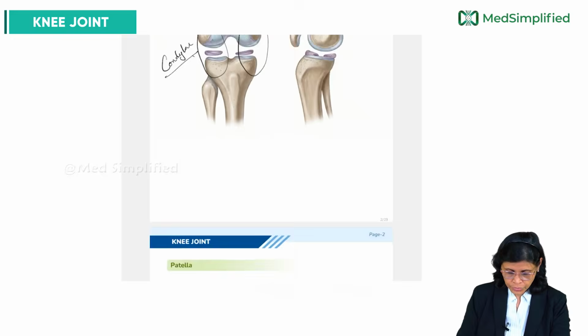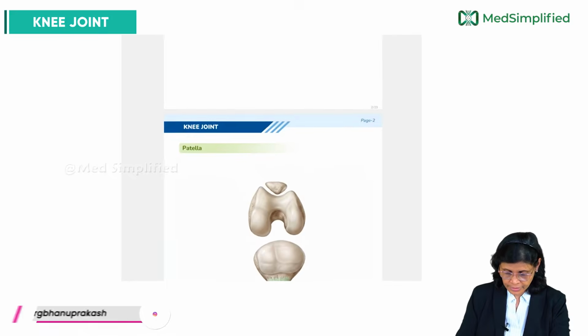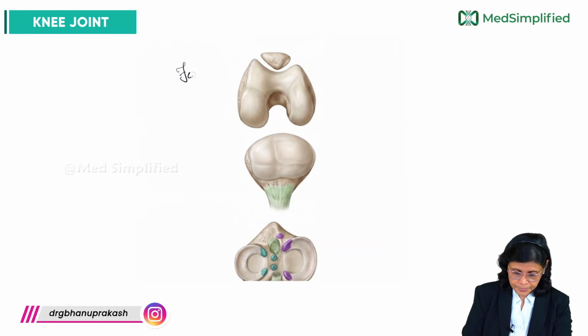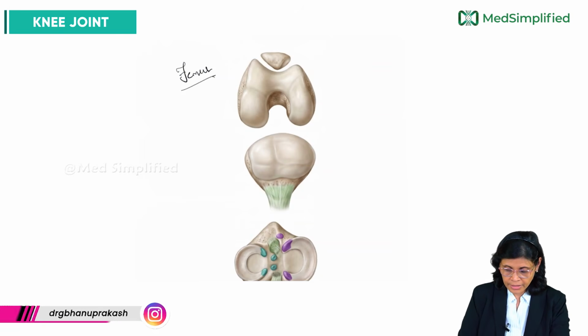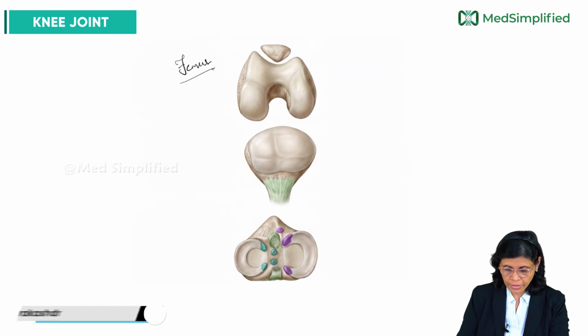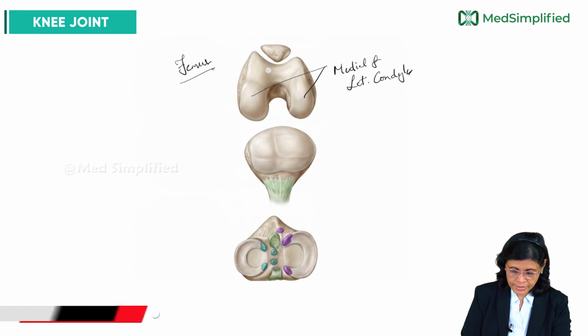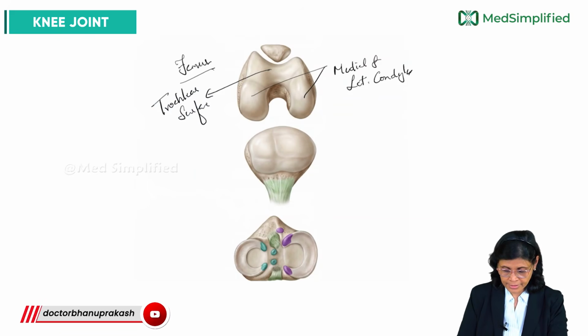Let's move on to the articular surfaces. In the femur, the medial and lateral condyles form the articular surfaces, as well as the trochlear surface, where the patella articulates.